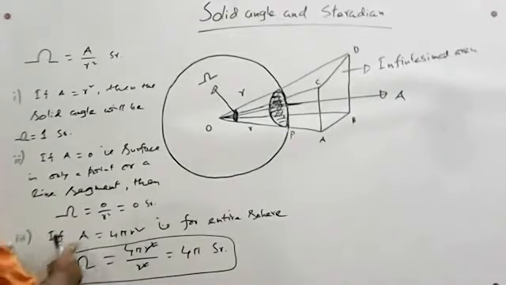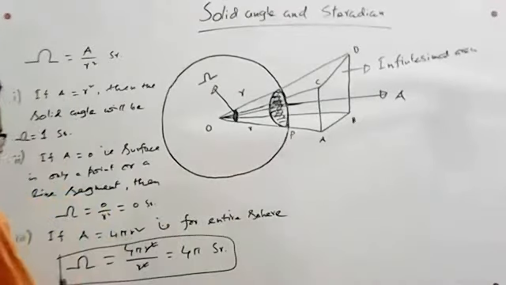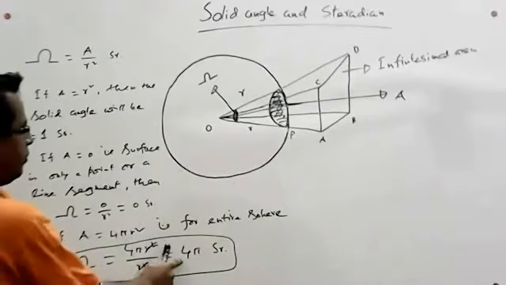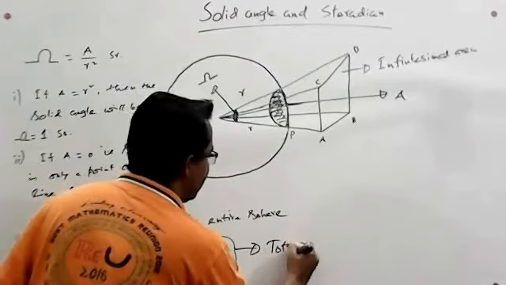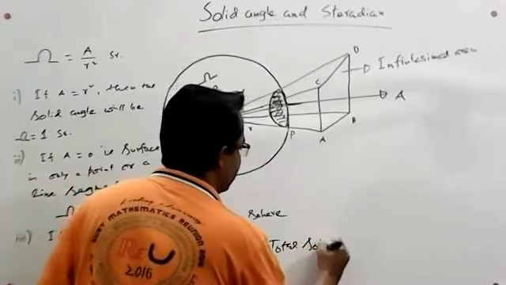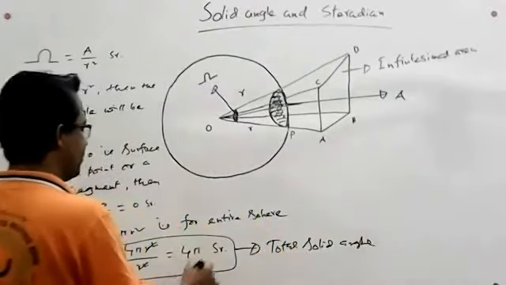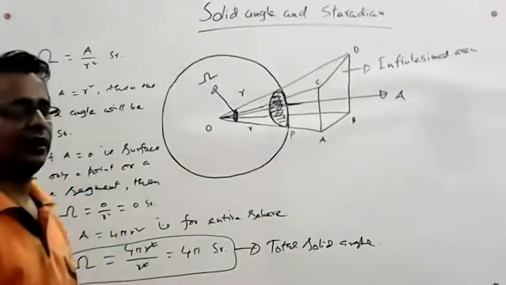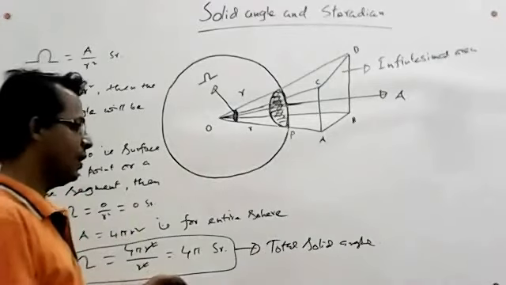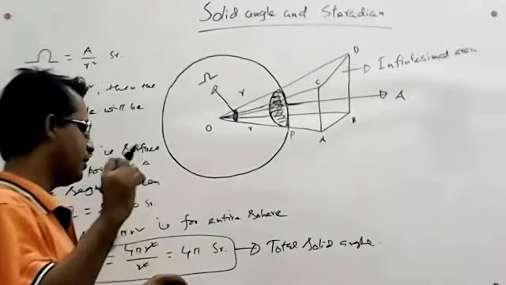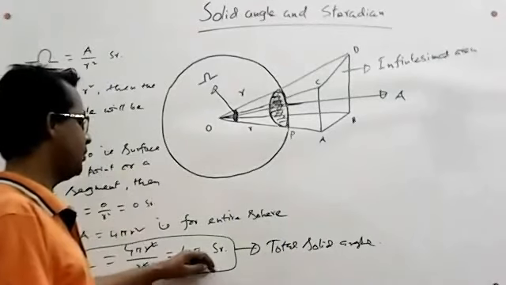And if A equals 4 pi r square, that is for the entire spherical surface, omega will be 4 pi steradian. This is the total solid angle, and this is constant for every sphere. That is, it is valid for any sphere. For any sphere, the total central solid angle is 4 pi steradian.